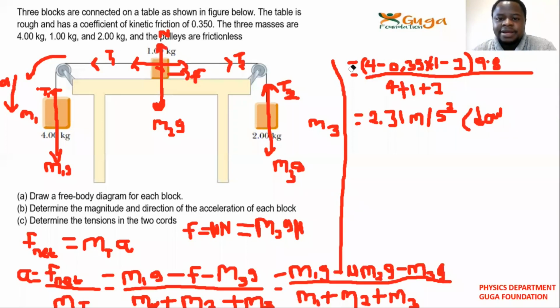I'm struggling with my pen here. I'll just write down for now. All of them will move with the same acceleration. But because acceleration is a vector quantity, you'll have some directions: this one goes down, this one moves to the left, and this one goes up, right?